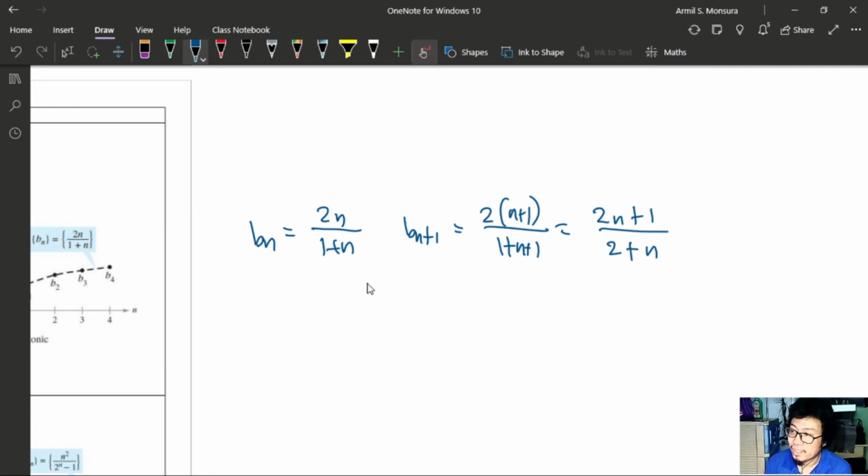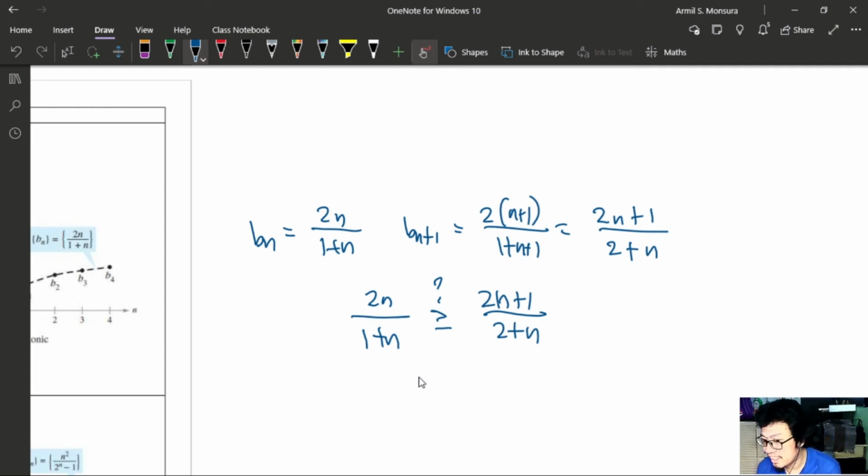Now let us compare them. Let's find out if 2n over 1 plus n is greater than or equal to 2n plus 2 over 2 plus n. This is assuming that your sequence is decreasing, because I am assuming here that the nth term is larger than its next term.